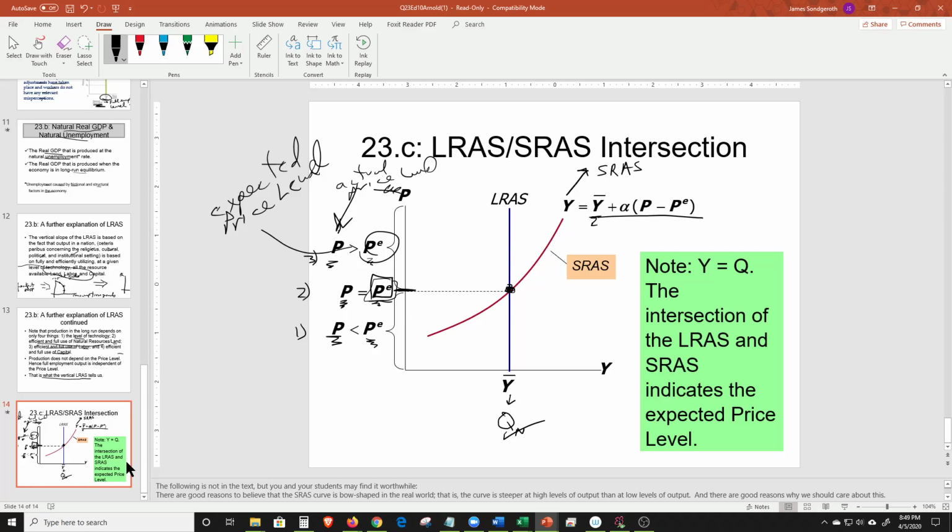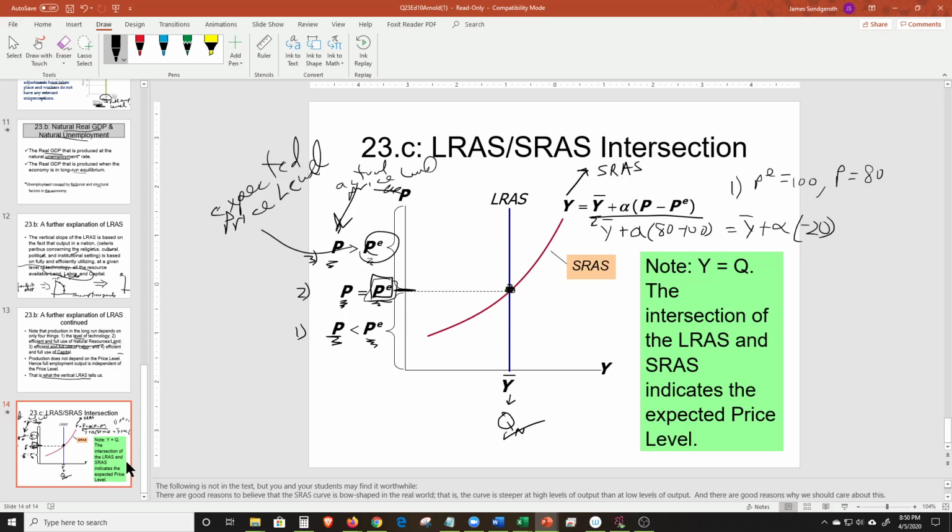So if the expected price level is greater than the price level, maybe in case 1, PE equals 100, but P is equal to 80, so you're going to get y hat plus alpha times 80 minus 100, which equals y hat plus alpha times minus 20.